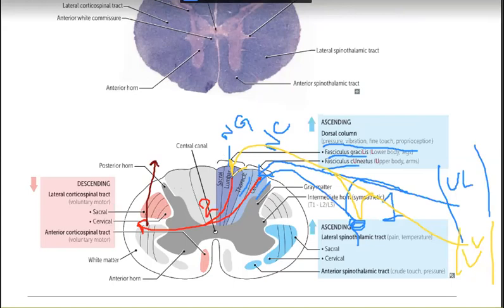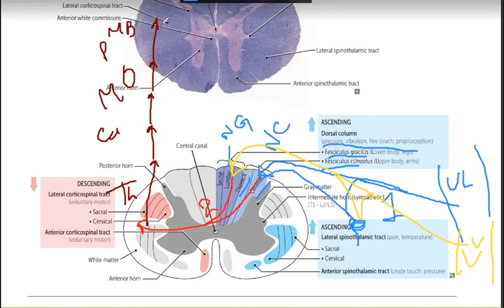Say for example, this is the thoracic spinal segment, so we are talking about the nearer one. They will go to the cervical, and then from the cervical, it will enter into the medulla oblongata. From the medulla oblongata, it will go up to the pons level, and then from the pons, it will reach the midbrain. And then from the midbrain, they will enter into your brain.